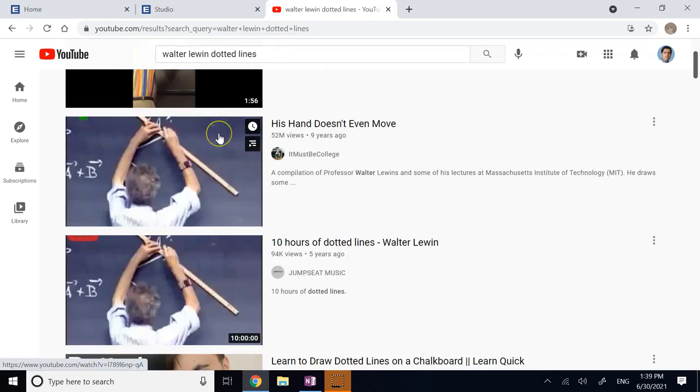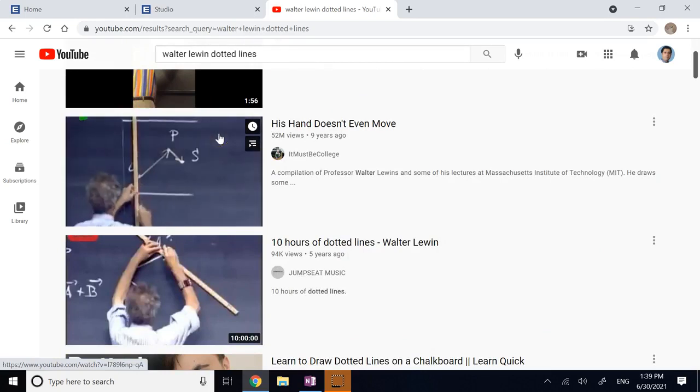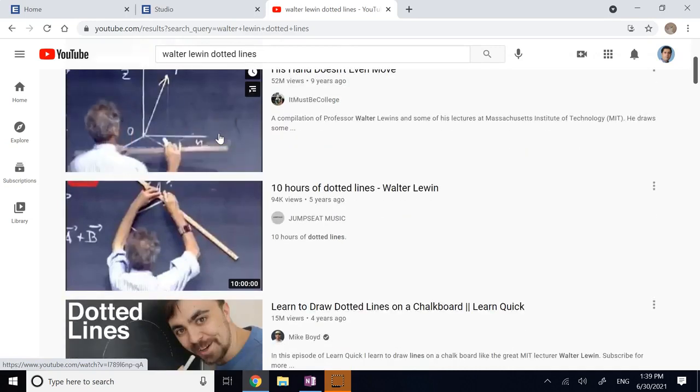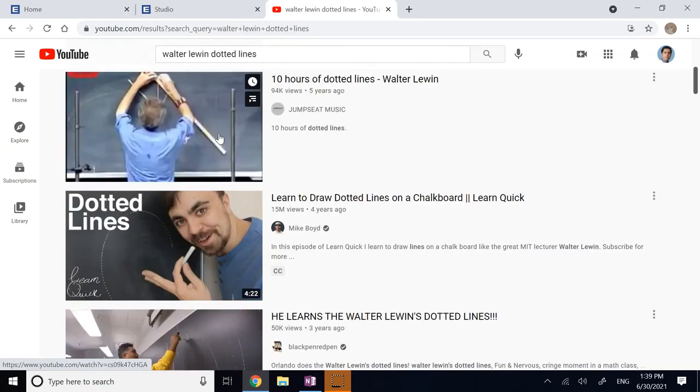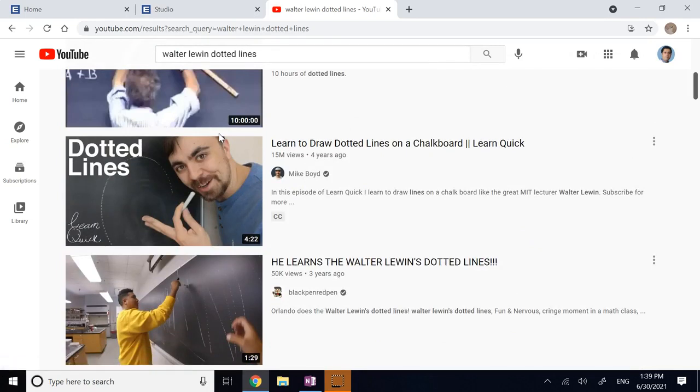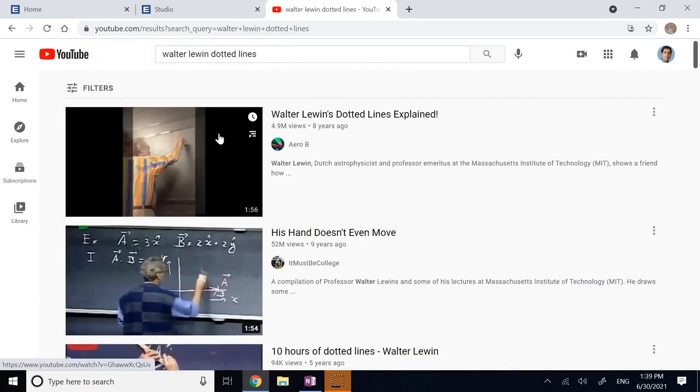So instead of solid lines, he can also create dotted lines, which I really liked how he's doing it. And the way he's doing it is due to the instability of the friction that is caused between chalk and the board. So first, let's take a look at him.